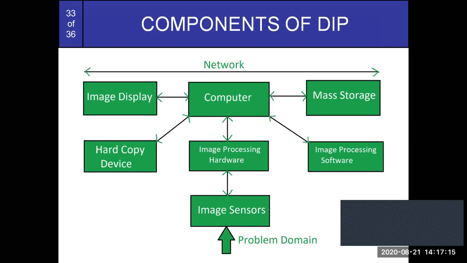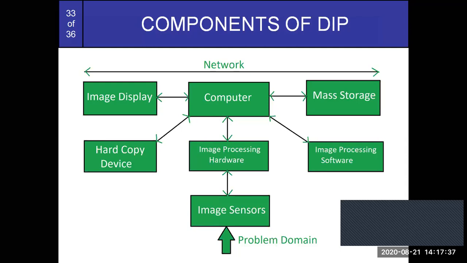And then there is a network, so your systems must be connected to the network. This network is generally used to send and receive processed images, or images before processing, with the help of these networks.